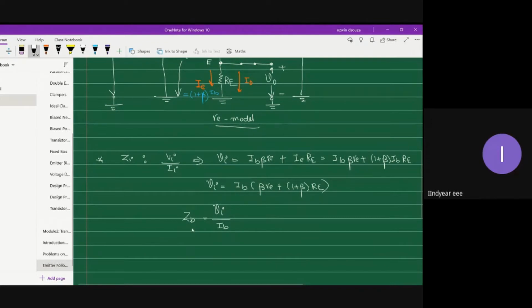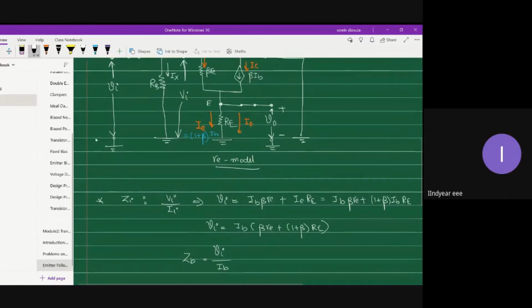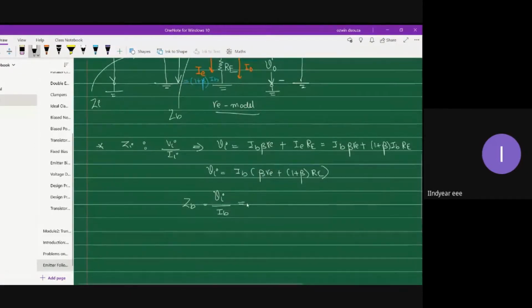So ZB simply gives the impedance as seen from base terminal. It is not the impedance seen from the input terminal. So this is ZI for us, and this is ZB for us. ZB is as seen from base terminal and ZI is as seen from the input terminal. That gives basically a series combination of two resistors, beta RE and 1 plus beta times capital RE.